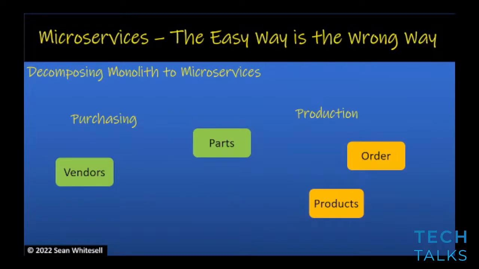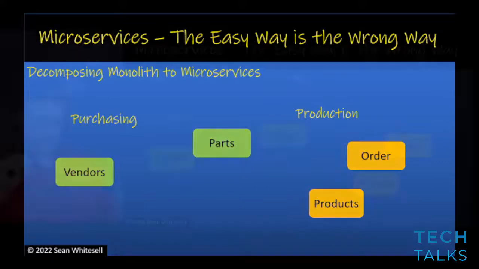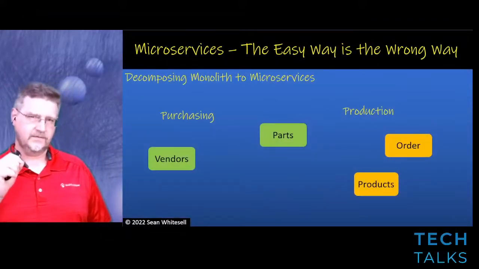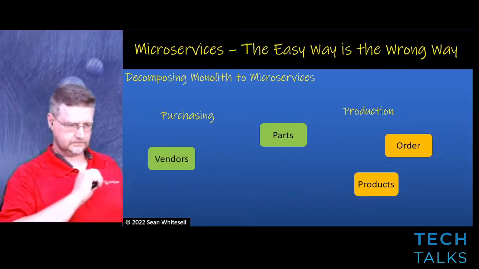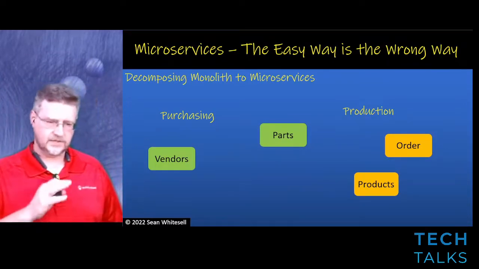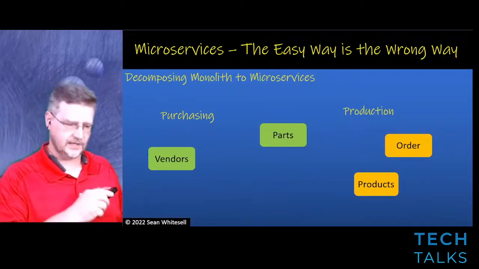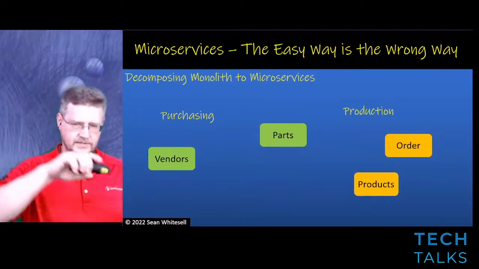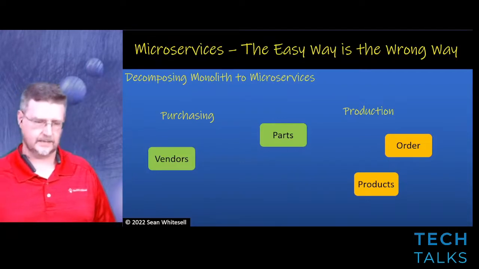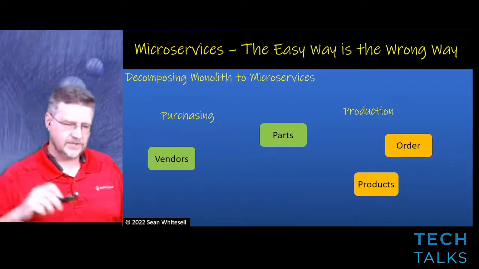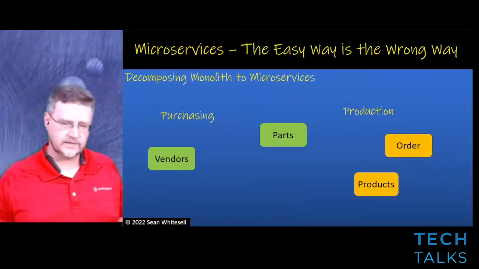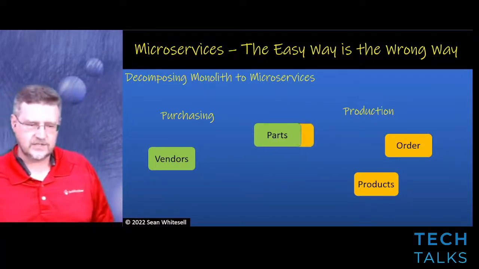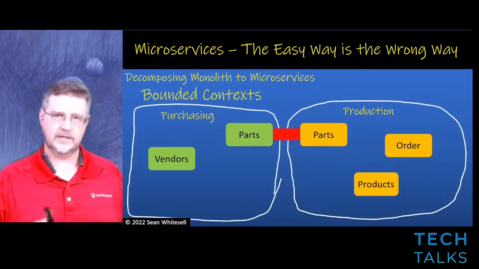And as we analyze this, we see there's a grouping of common functionality. I say common, not duplicate, but common functionality. Here's a group of all the functionality that supports purchasing raw materials. And here's all the functionality for production and how it operates. We're able to draw a circle, if you will, around these items. And that's essentially what is called a bounded context.